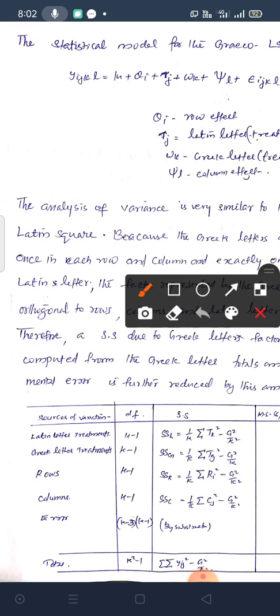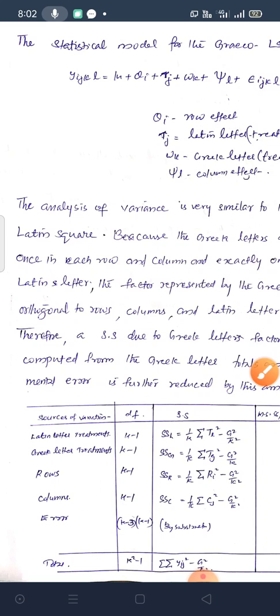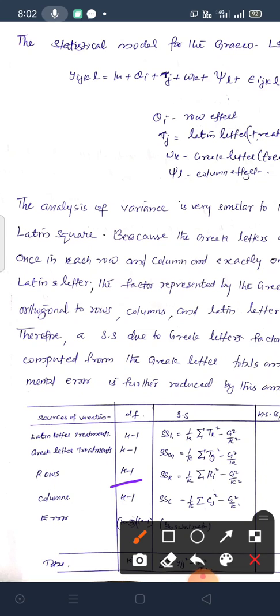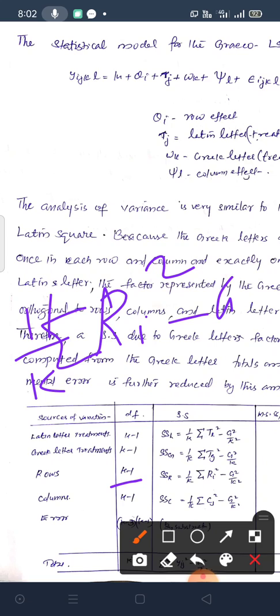And the sums of squares are similar to LSD. So rows: there are k rows, so k minus 1 degrees of freedom. Ri is the row total. So summation over i of Ri squared by k minus the correction factor G squared by k squared.